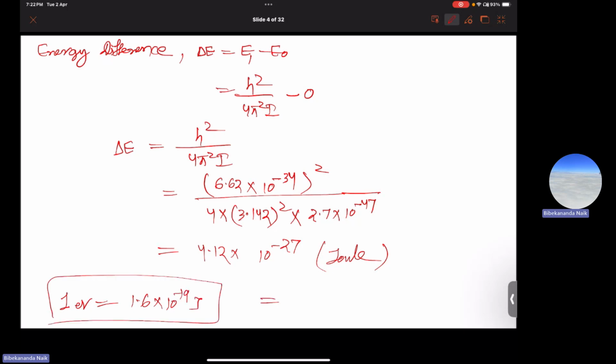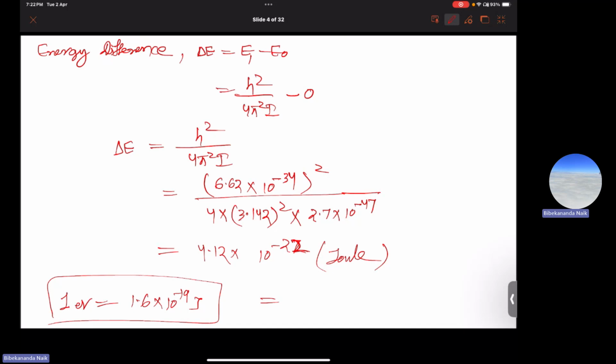In order to convert joule to electron volt, we have to divide by 1.6 into 10 to the power minus 19. So I think this is not 27, this is 22.